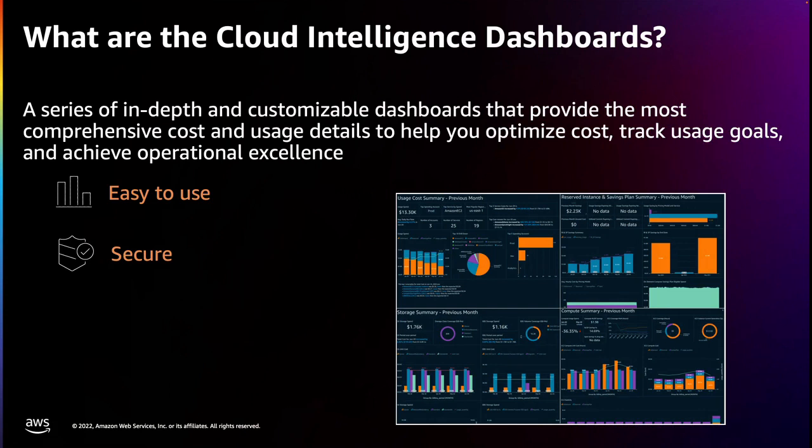Cloud Intelligence Dashboards provide you in-depth details about your AWS spend and usage, and you have both high-level views and resource-level granularity. So you can easily focus from top-level details to understanding which accounts and which resources consume this spend and usage. And it's very important that you can customize the dashboards. So you can actually adjust them to your business needs.